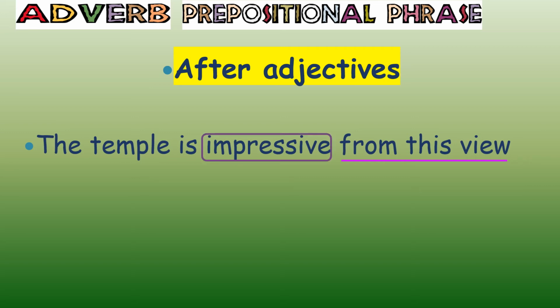Yes, impressive. Impressive is an adjective. That's why from this view is an adverb phrase that modifies an adjective, and it comes after the adjective. So adverb phrase modifies adjective. Adverb phrase modifies the adjective impressive, and it comes after it.